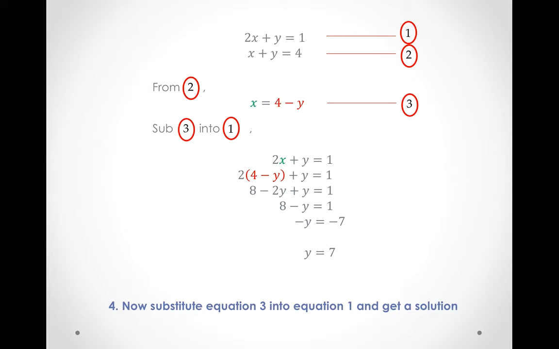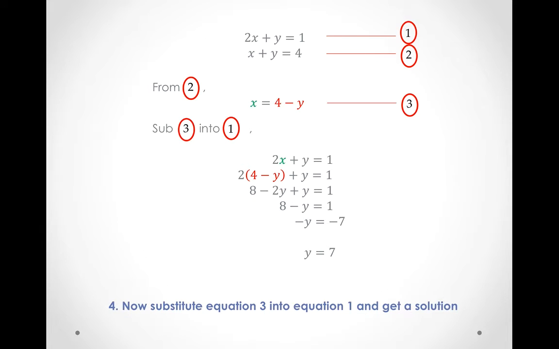So we'd start with equation 1. Look back to the top, and we've written 2x plus y equals 1. Now what I mean by substituting equation 3 into equation 1 is that from equation 3 we found that x equals 4 minus y.